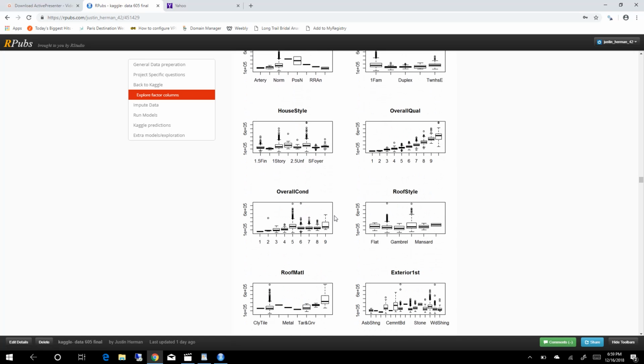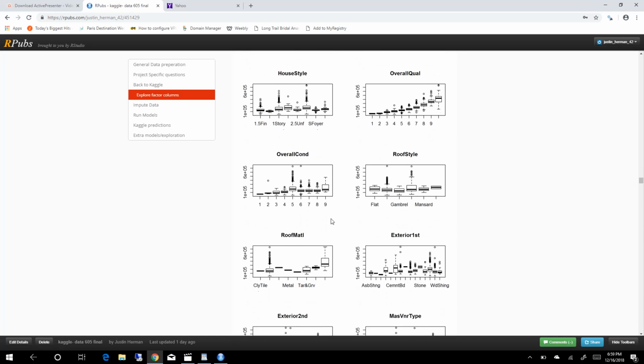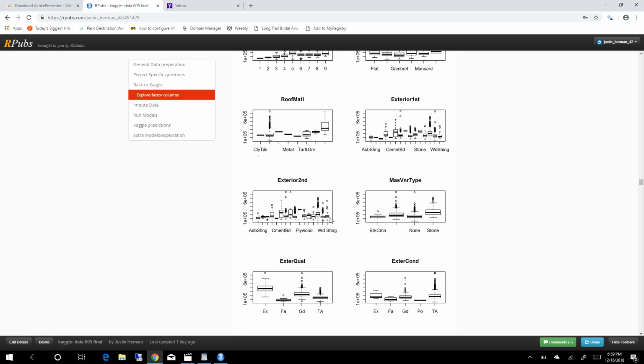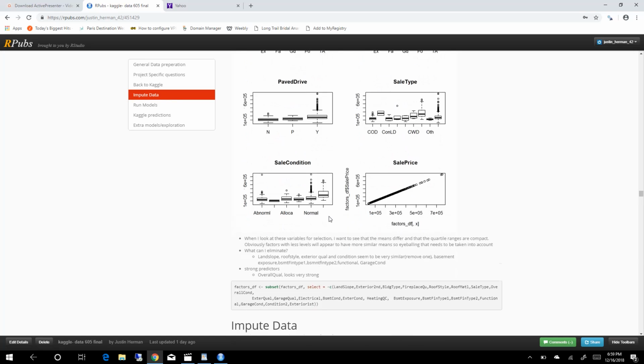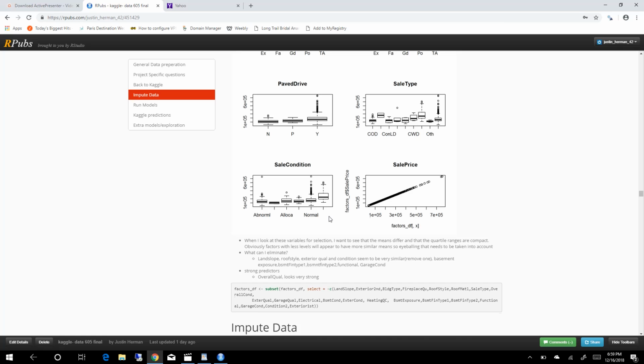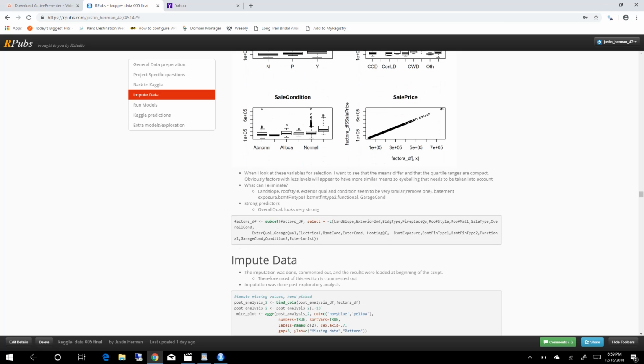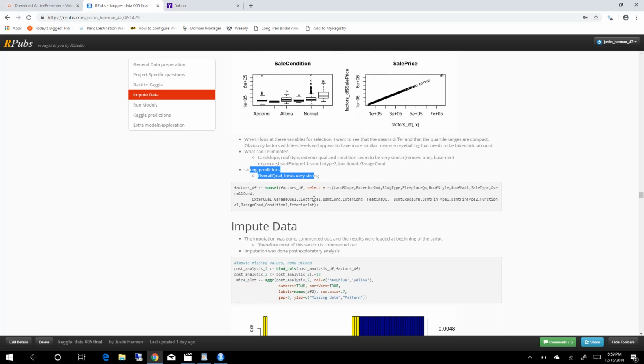But none of this really takes the correlations into account, so perhaps this hand selection wasn't necessarily a correct method. Anyway, after it's all said and done, I eliminated a whole bunch of those columns, like landscape, roof style, exterior quality, and condition. I kept strong predictors, like overall quality, which looked very strong.